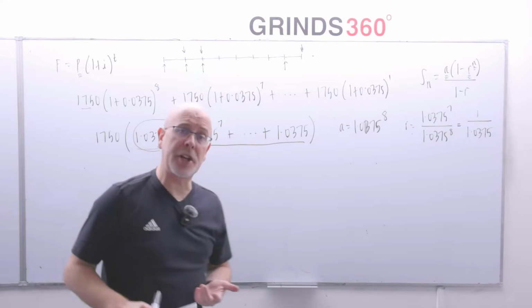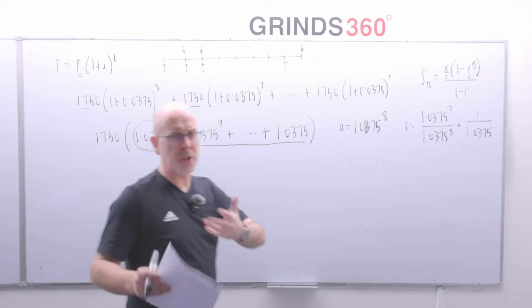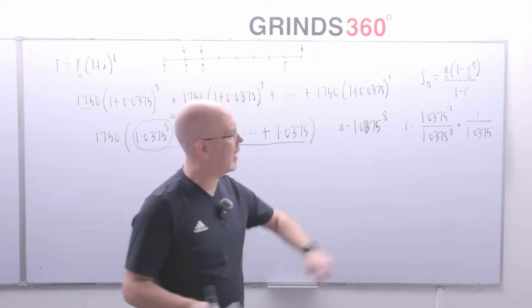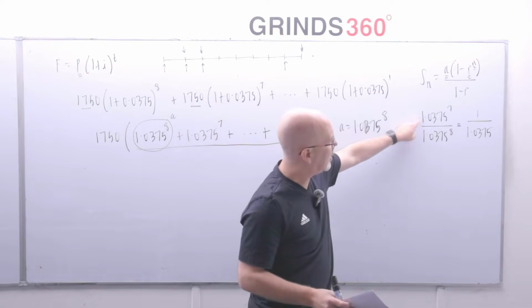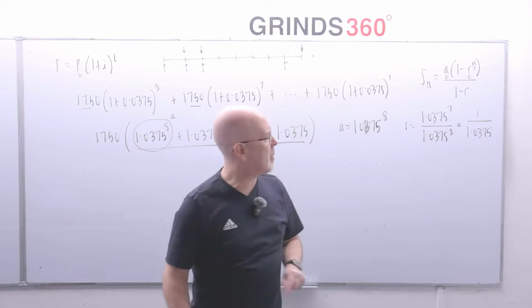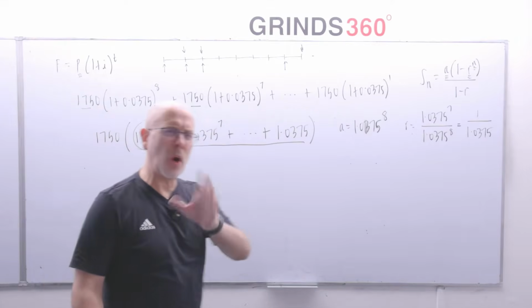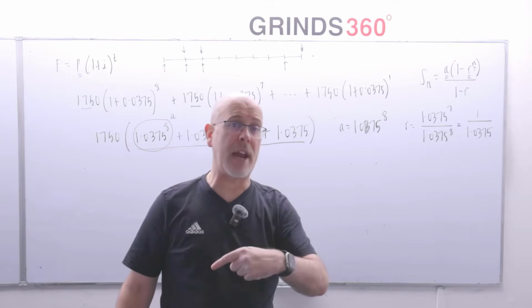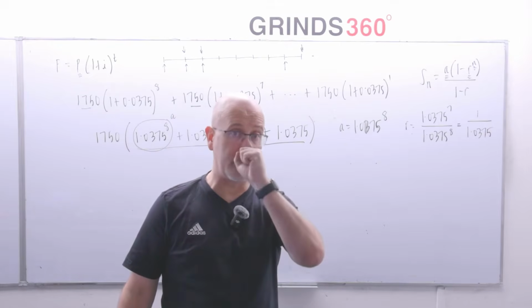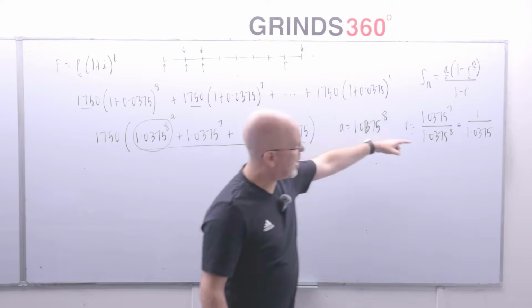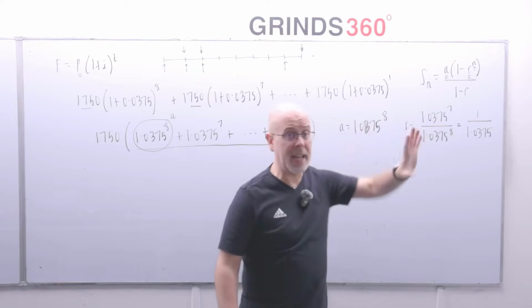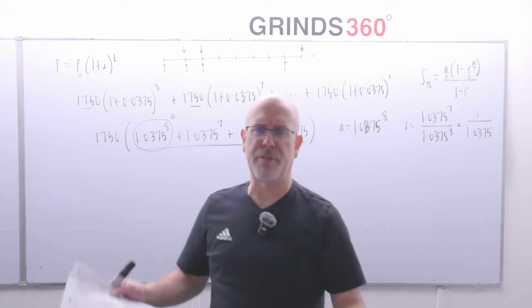It just saves you reaching for your calculator. If you don't trust yourself to do the cancelling correctly, if you put that into your calculator, 1.0375 to the power 7, the second number, divided by the first one, your calculator will give you a whole number fraction, 80 over 83. That's perfectly fine as well. So you can either do that division there using your calculator, or you can do it by hand. I do it by hand because I don't want to break my flow.